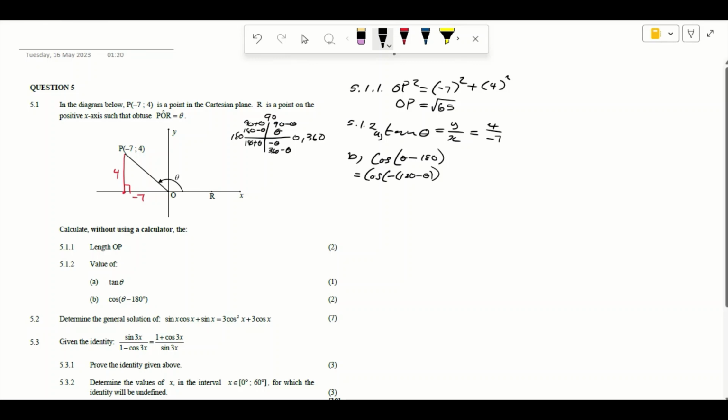Once I've done this, guys, the 180 minus theta acts as an angle. Let's just say this 180 minus theta, we call it beta.